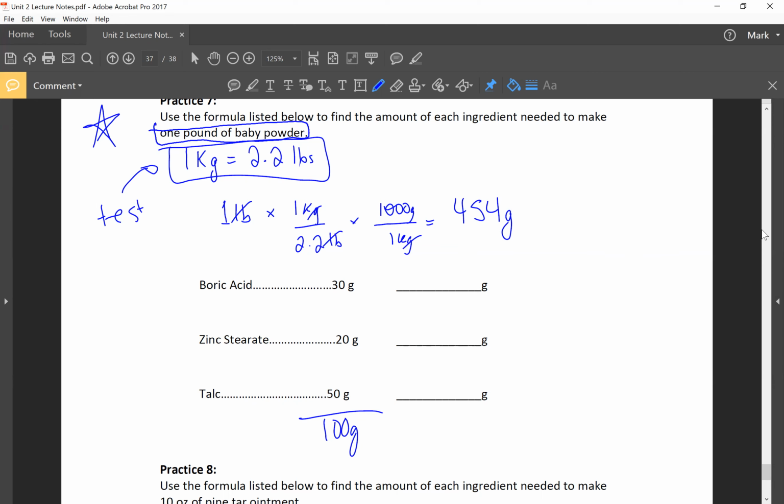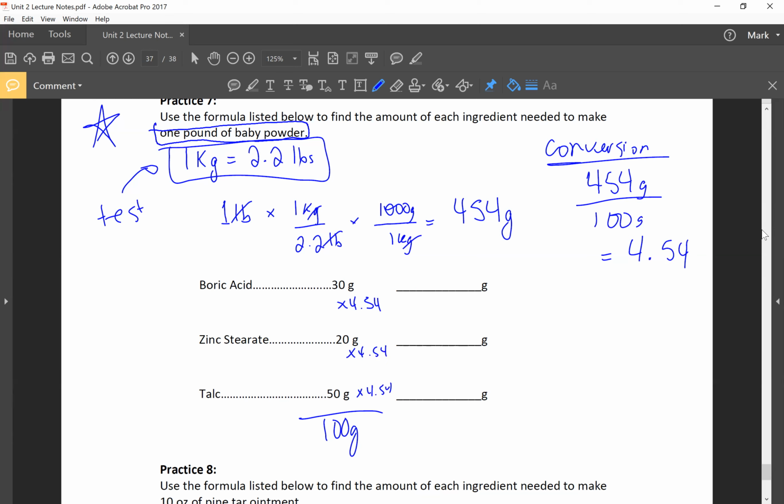Okay, so now I'm going to come up with my conversion factor. I need 454 grams. My recipe makes 100. My conversion factor would be 4.54. So every one of these numbers gets multiplied by 4.54.